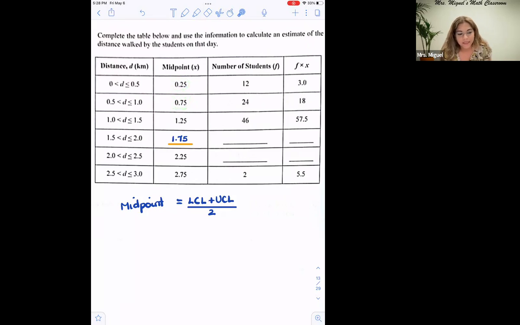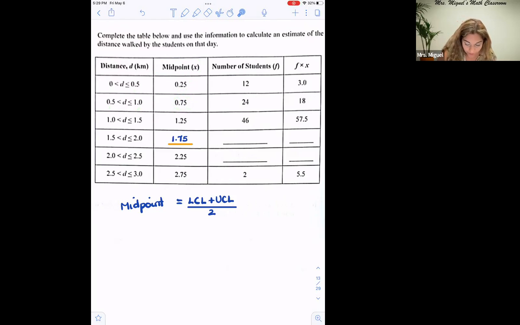So the statistics question is a question where we can score some marks, because midpoint is in the middle of the two values. So if we get 0.25, we add 0 and 0.5 and divide it by 2. If we get 0.75, we add 0.5 and 1 and divide it by 2, and so on.